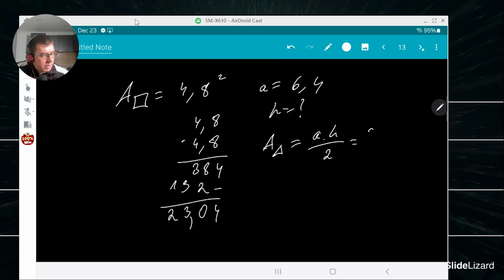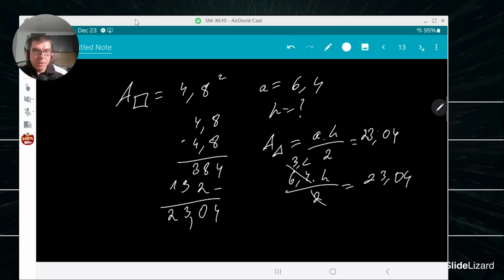And this is 23.04. So 6.4 times H over 2 is 23.04, reduced by 2, 3.2. H equals to 23.04 over 3.2.